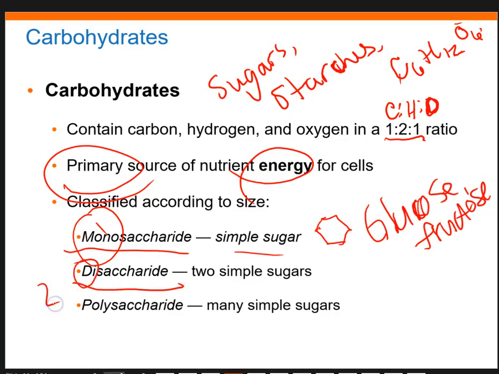Disaccharides, di means two. A disaccharide is 2 simple sugars, so 2 rings linked together. And then anything bigger than that, we call it a polysaccharide. Poly meaning many. So many rings linked together gives us a polysaccharide. We'll look at them in more detail right now.